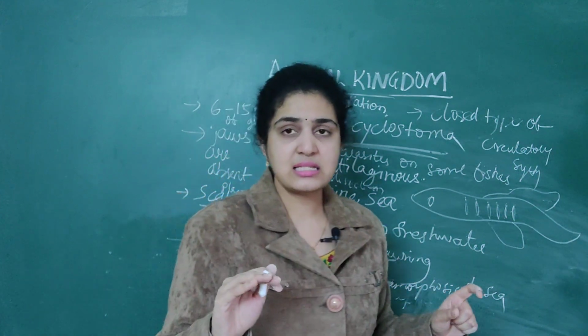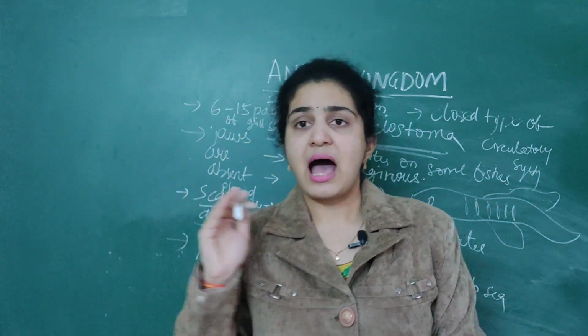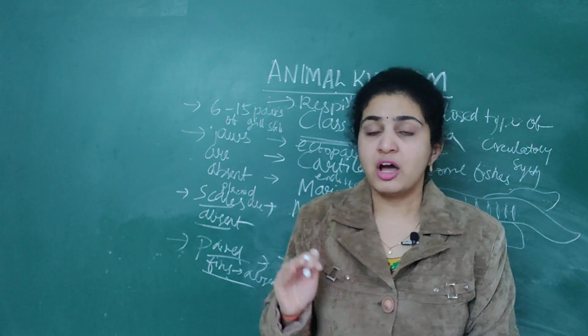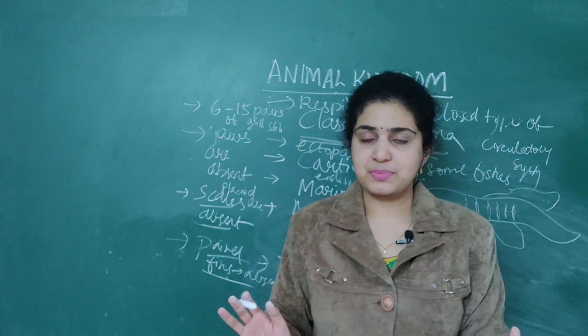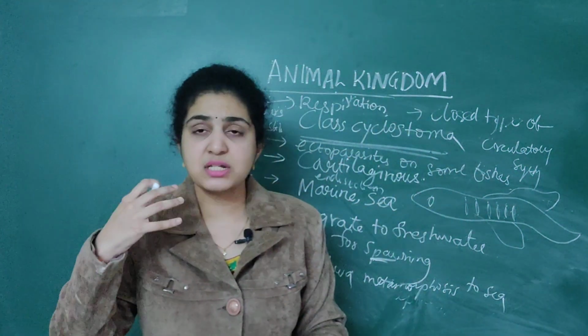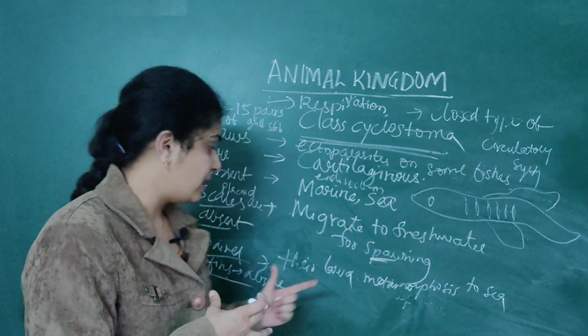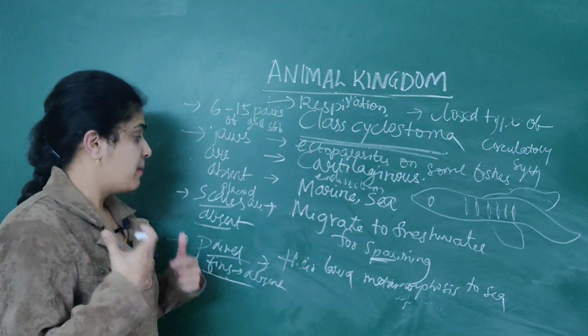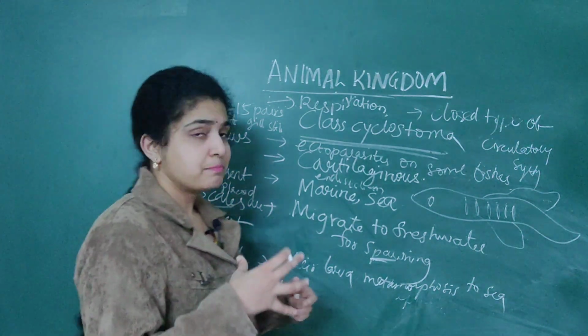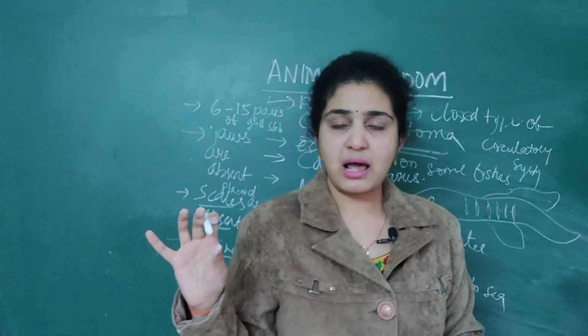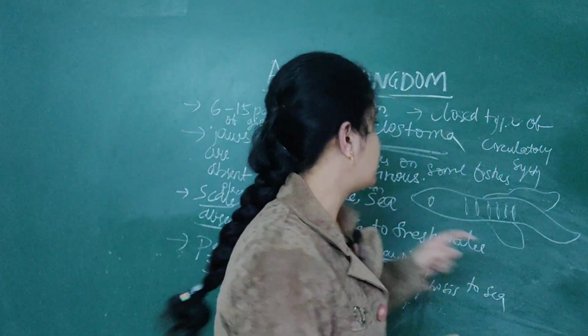They are devoid of scales, as well as paired fins. So scales are absent, jaws are absent, and paired fins are absent. So all of them are absent, no need to remember that.